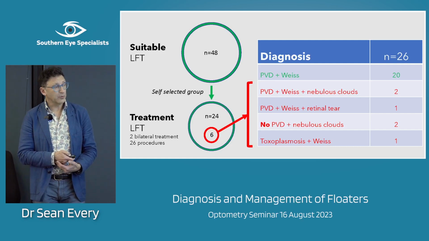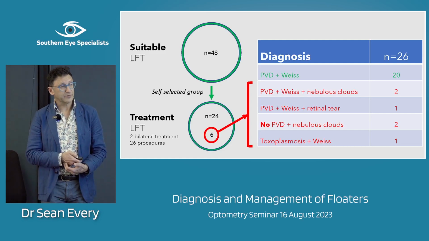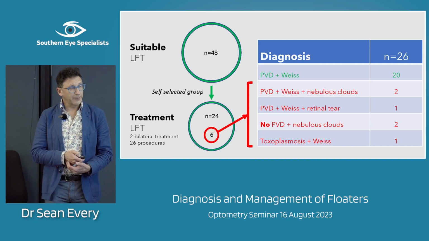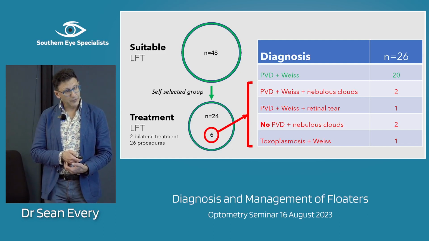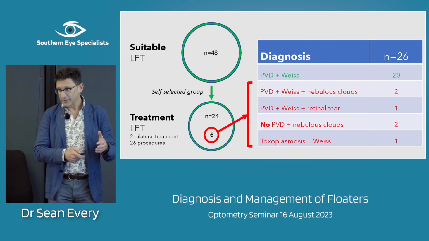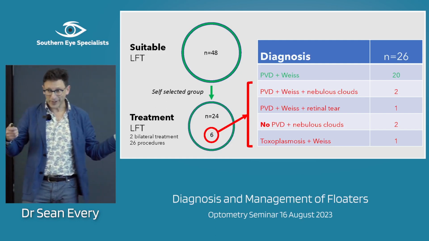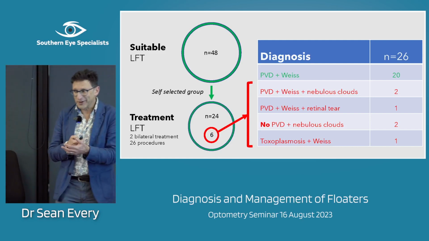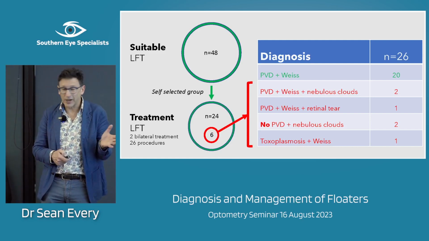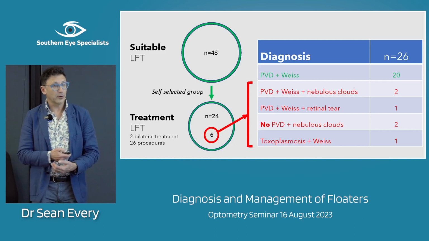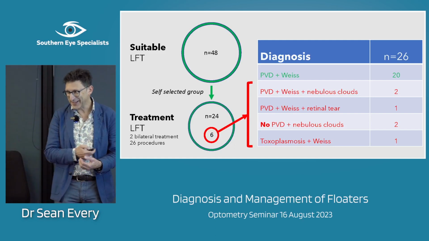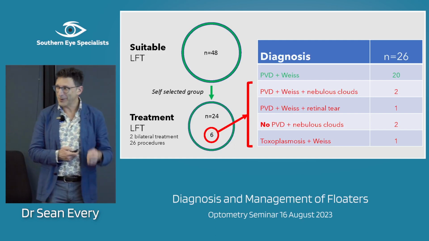That's 24 people, but 2 had it bilaterally, so it's 26 procedures. Unbeknown to me, this is my learning curve. That group of 26, in my first 24 people, included 6 people who I now wouldn't do. I learned a lot from this group of people, and I reimbursed some laser fees as well, just to satisfy my conscience.